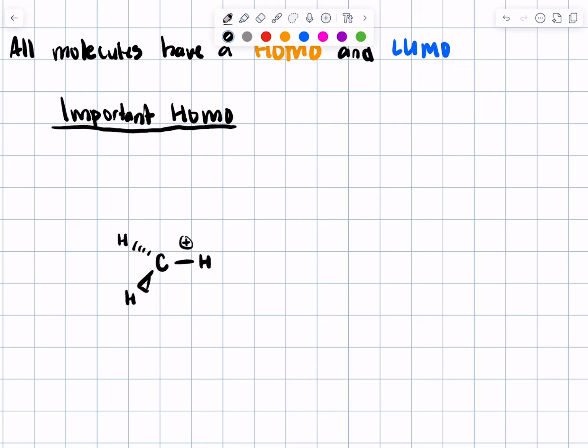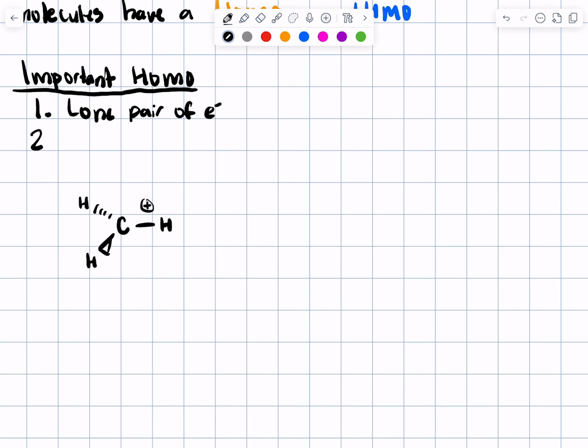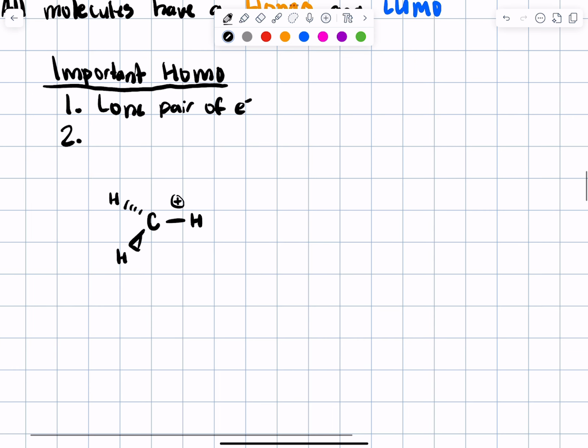So the first thing I want to see is a lone pair of electrons. If I see a lone pair of electrons, that is going to be my HOMO. Next, if I see a pi orbital, a pi orbital is going to be my HOMO.